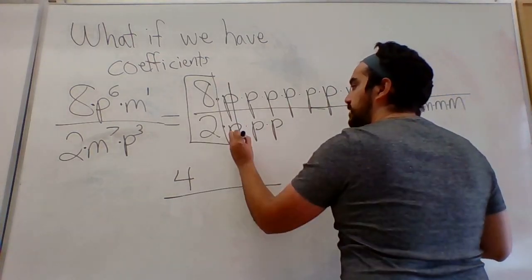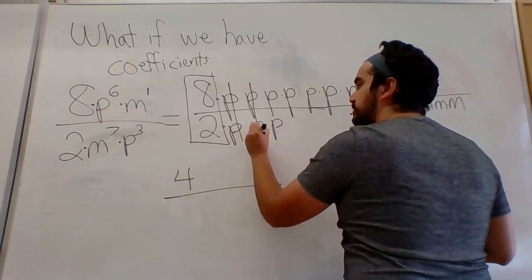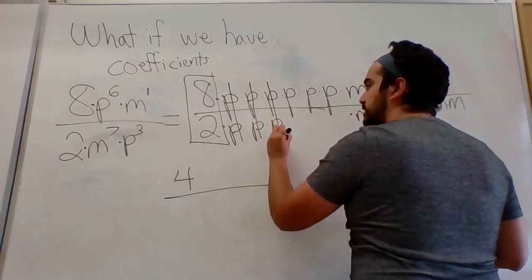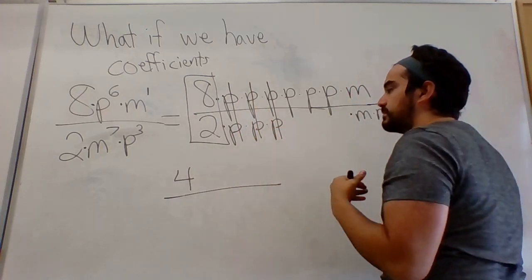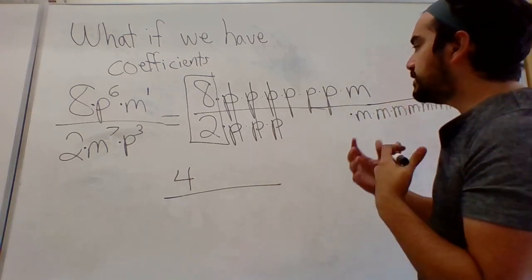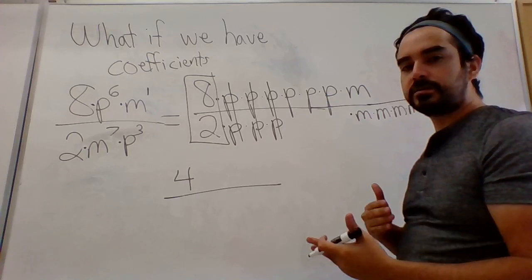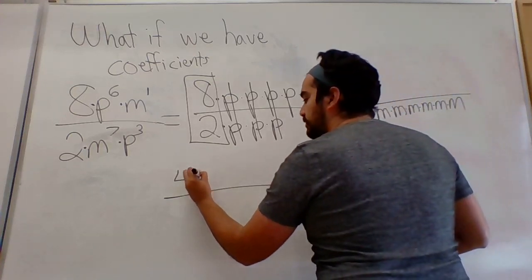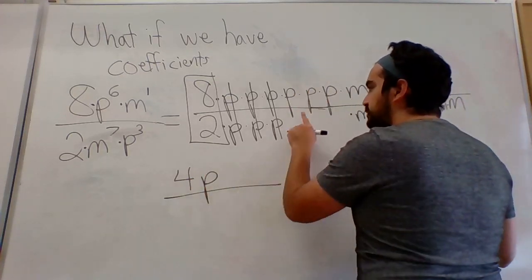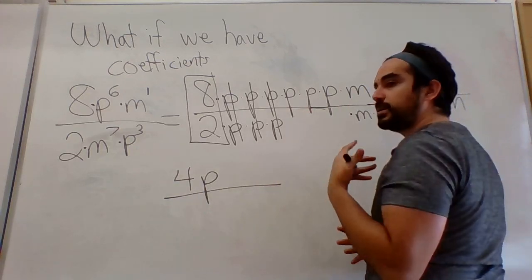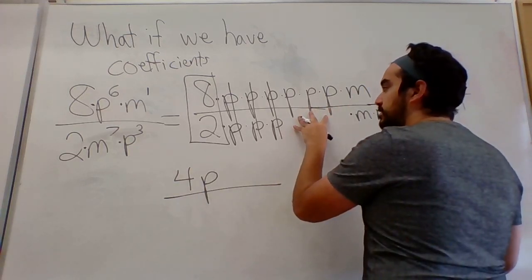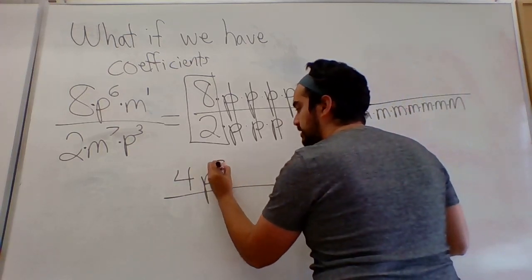So p divided by p is 1, p divided by p is 1, p divided by p is 1. Well, there's no more p's to get rid of. So now, how many p's are left over? Well, I see 1, 2, 3. And where are they? They're on top. So I have p, and since it's being multiplied, that means it's going to be an exponent. How many are there? 3.